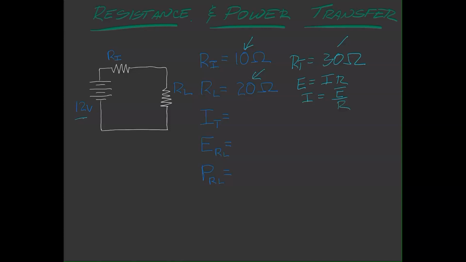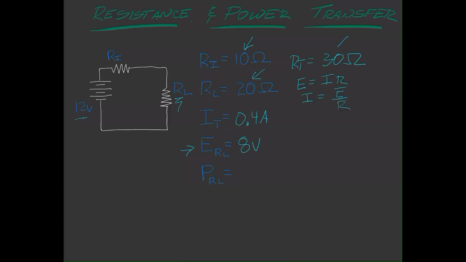So we get a current of 0.4 amps. Basic Ohm's law DC circuits, the voltage dropped across the load now is 0.4 times that 20 ohms. We get 8 volts dropped across this resistor.